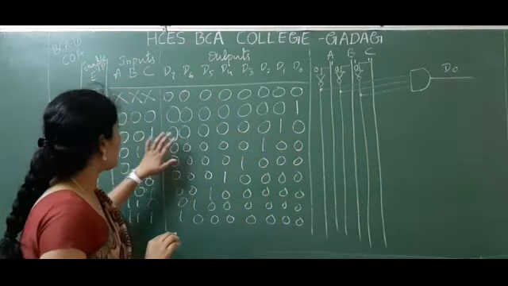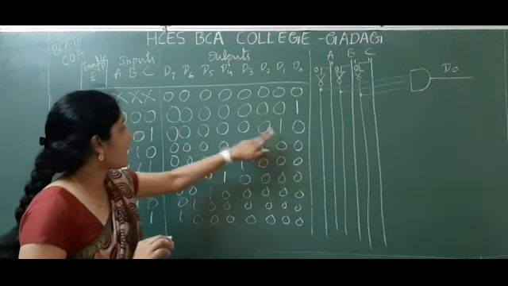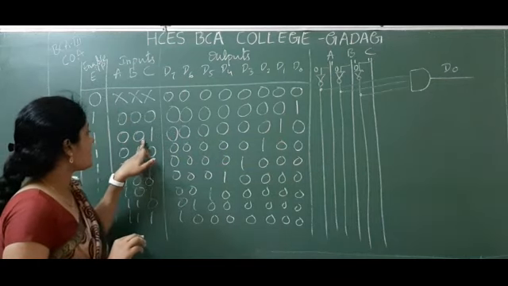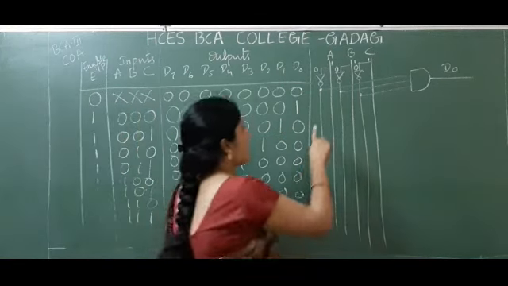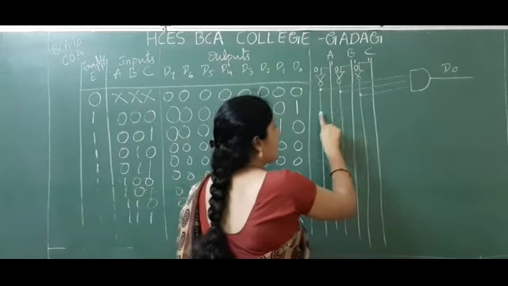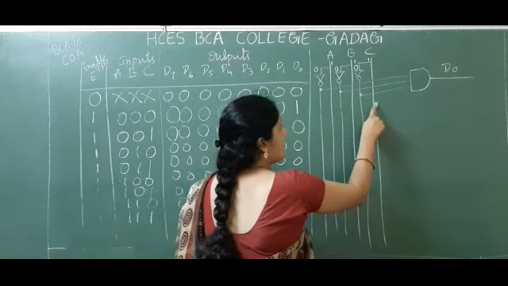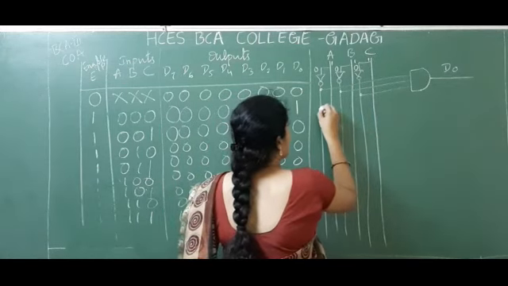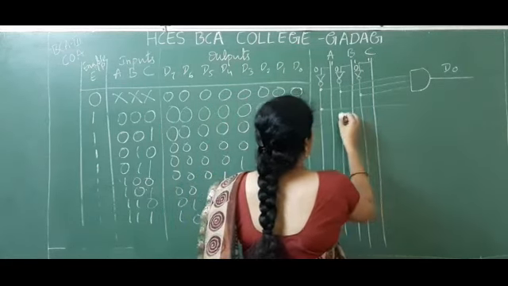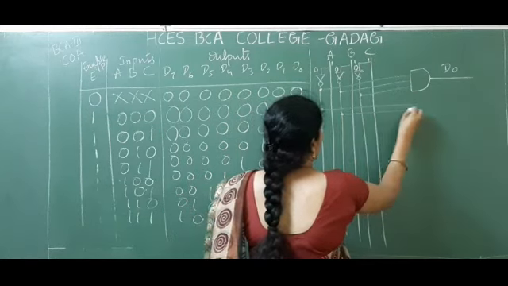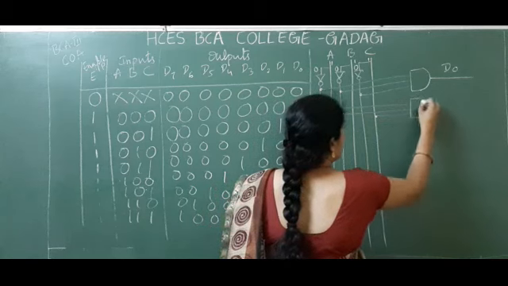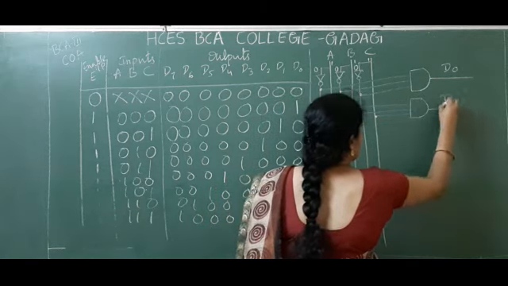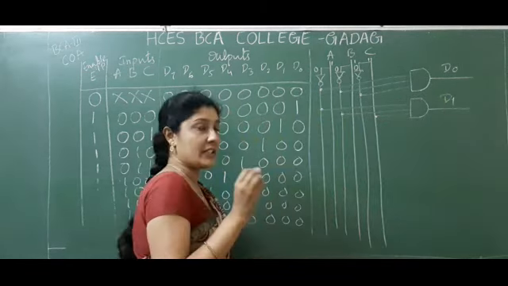Now similarly, when D1 is output, the input is 0, 0, 1, means only C is 1. C is 1 means for A and B we have to take not lines and for C we have to take this line. So 0, 0 and 1. The output is D1.